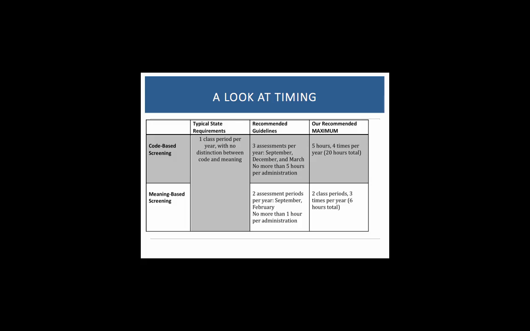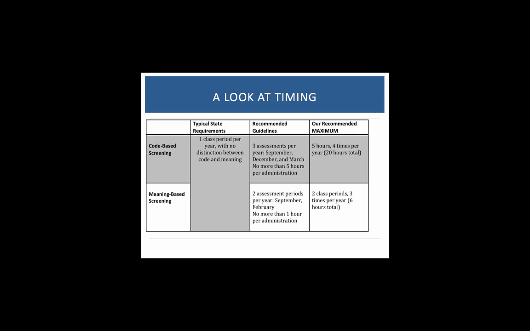Generally, we think of assessing code-based skills 3 times per year using a screening measure, September, December, and March, for no more than 5 hours per class per administration, for a total of 20 hours of class-wide assessment. Because these measures are individually administered, we would allocate 5 hours total to this assessment in a single classroom.